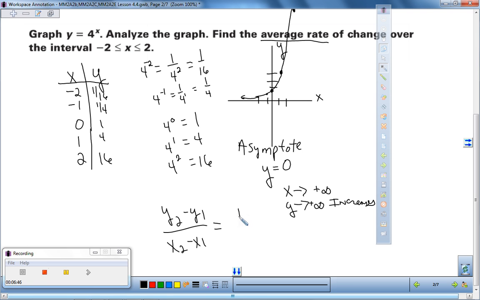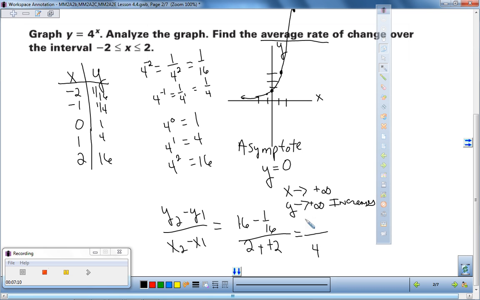So we'll start out with not 1/16, we'll start out with 16 and subtract 1/16. So that was y2 minus y1. Then x2 would be 2 minus -2, so we end up with plus, so we end up with 4 on the bottom.